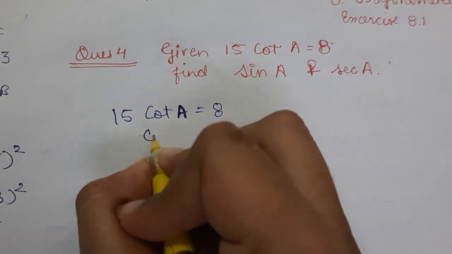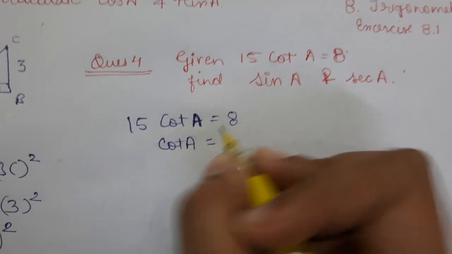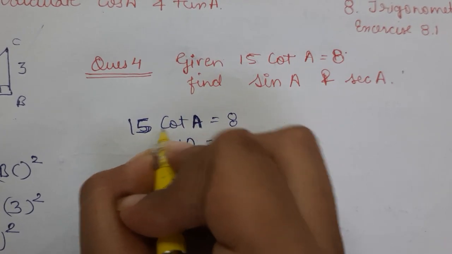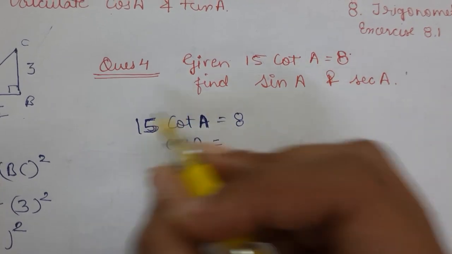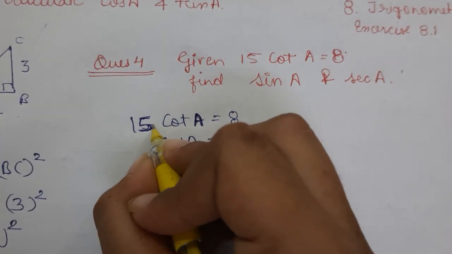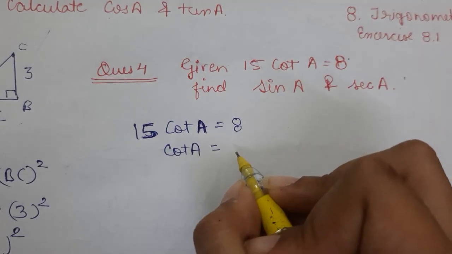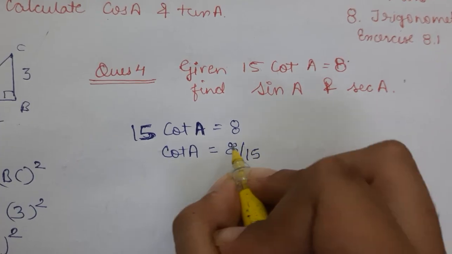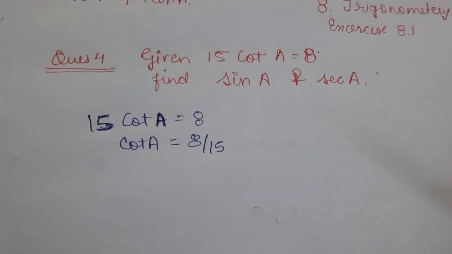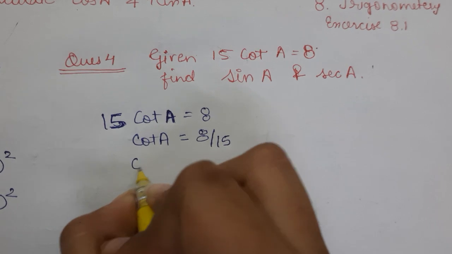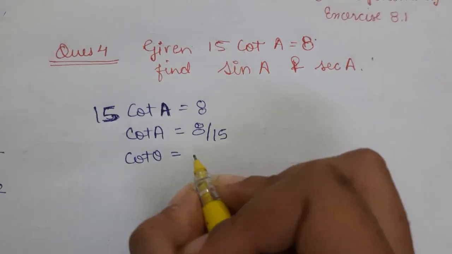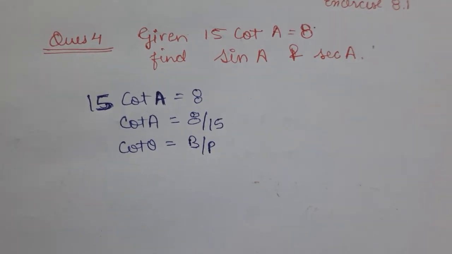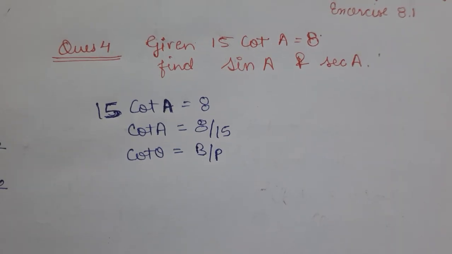So first we will get the ratio for cot A, and this 15 is in multiplication with cot A. So if we take it to the right hand side, we will get cot A as 8 by 15 as the ratio. And we know that for any cot theta, the trigonometric ratio is base upon perpendicular, as I have earlier mentioned as inverse for tan theta.